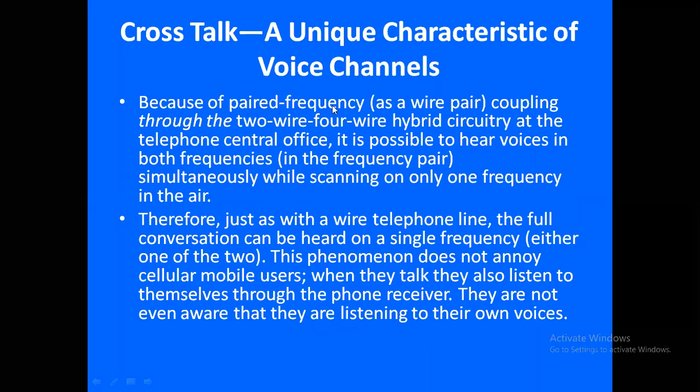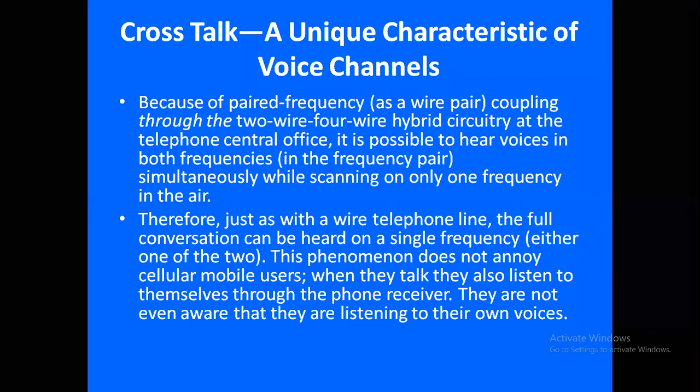Because of the paired frequency, coupling through the 2-wire, 4-wire hybrid circuit at the telephone central office makes it possible to hear voices in both frequencies. So it is possible to hear the voices in both frequencies simultaneously while scanning on only one frequency in the air.